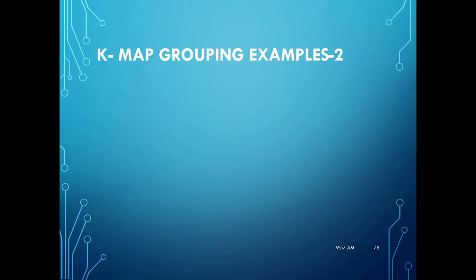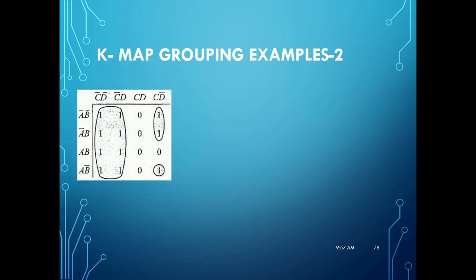Let us take one more K-map problem. You have already mapped all your table values to the K-map: ones here, zeros here, ones here, and again 0 and 1. Like this we have written the K-map. Now what is the first step?